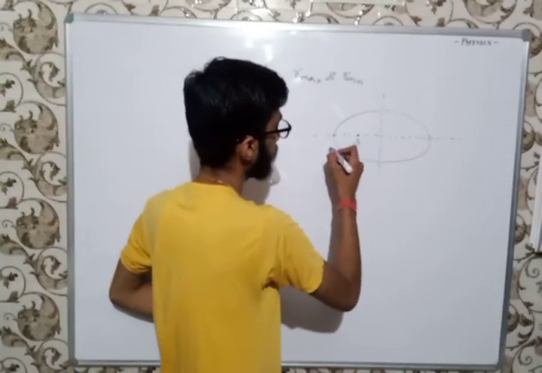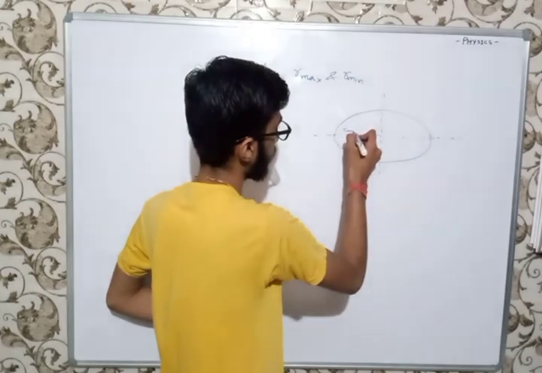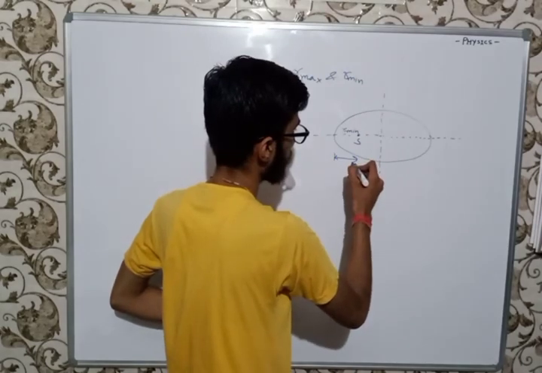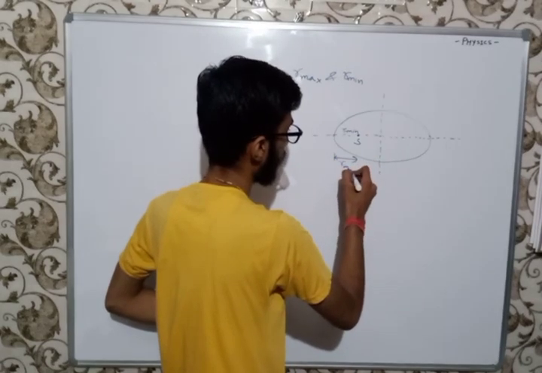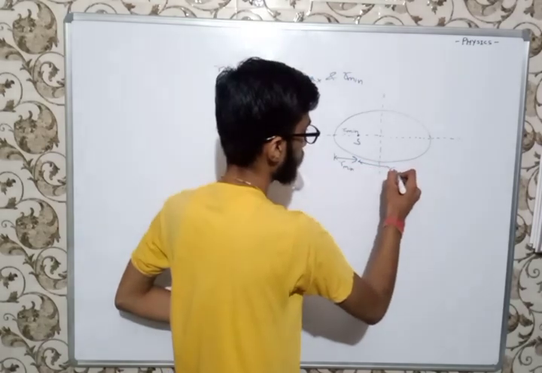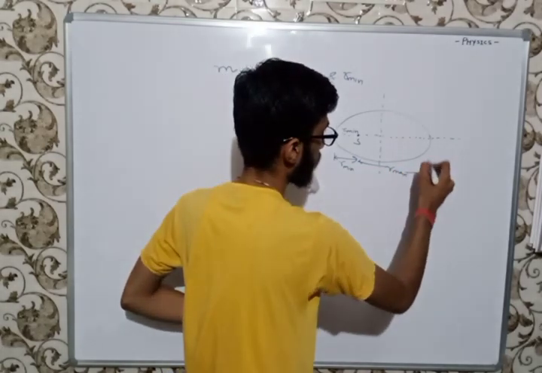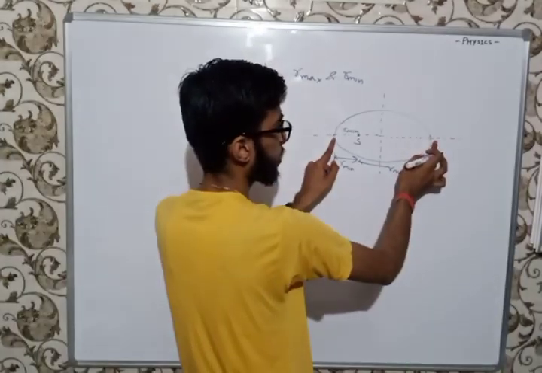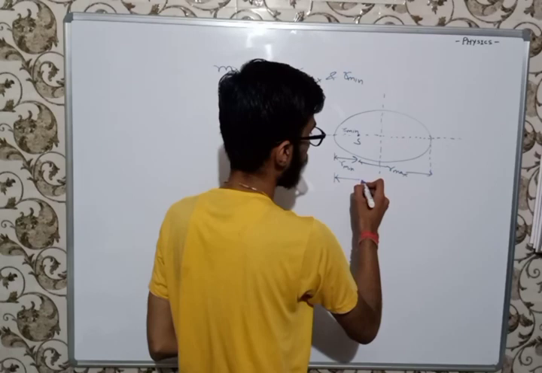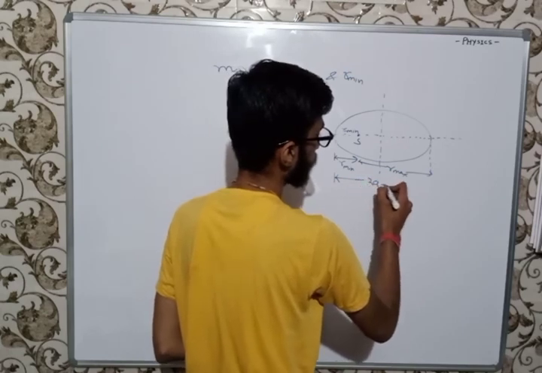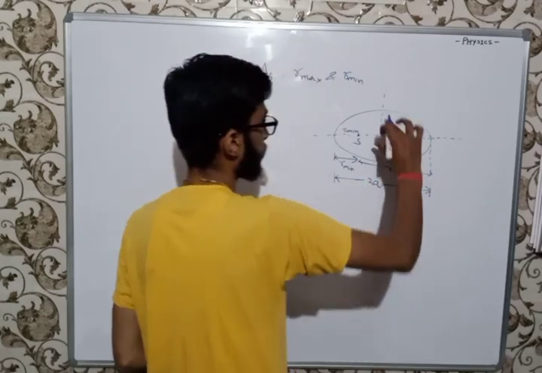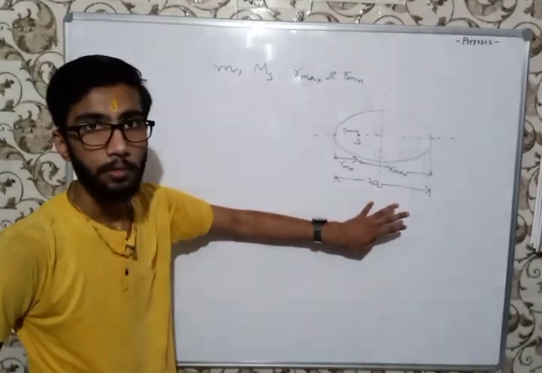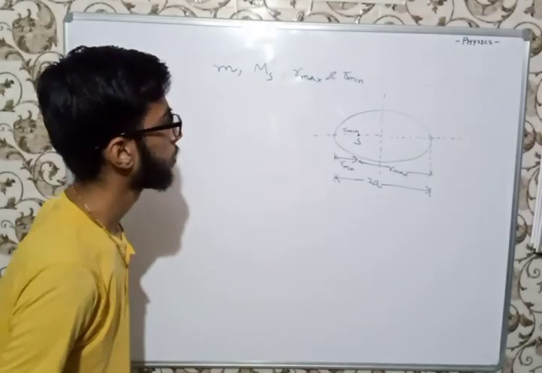This distance is r minimum, and this distance is r maximum. This is the major axis, and the length of the major axis I am writing as 2a, and this is the minor axis. However, it is not relevant to the problem, but I am telling it.